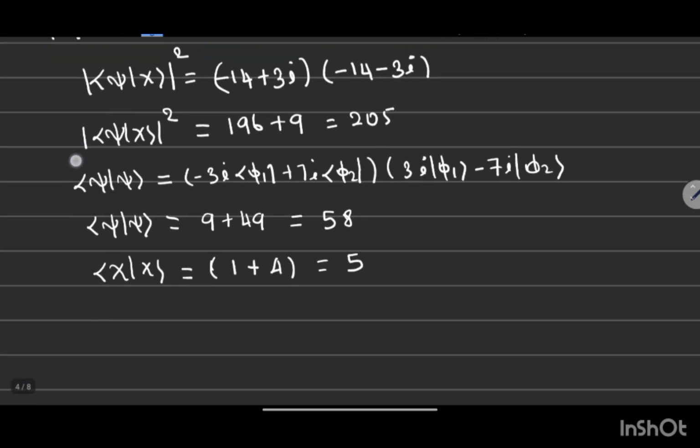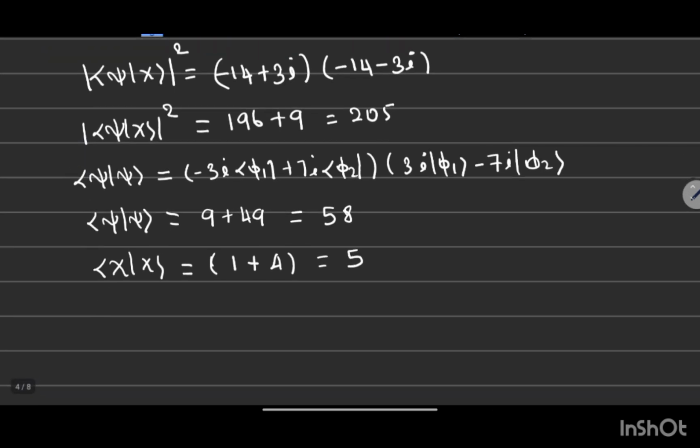Now what is the multiplication of these two? So our right hand side will be psi with psi times chi with chi, which is 58 times 5, so 290.